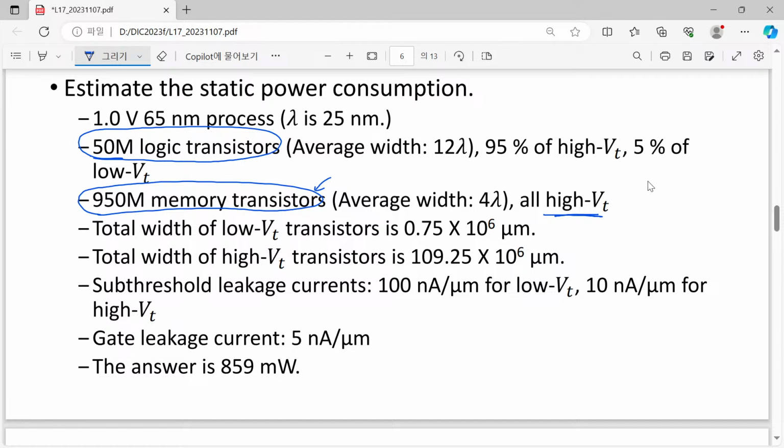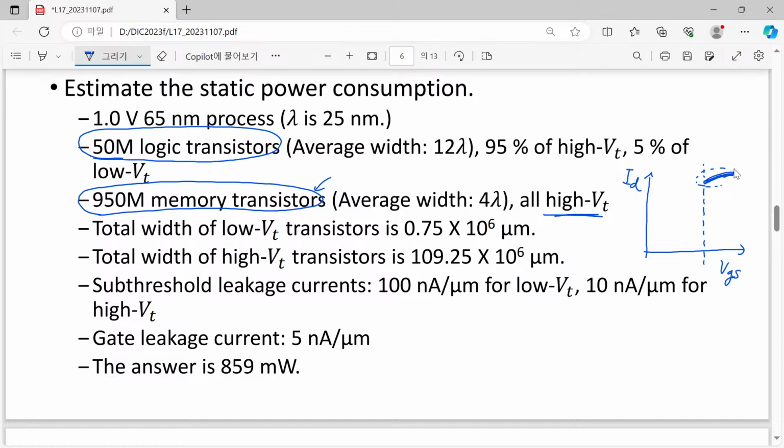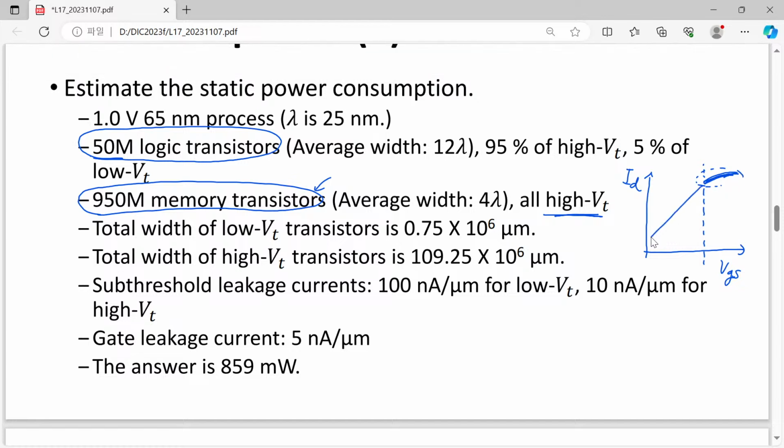So when we say a transistor has high VT, what does it mean? When you draw the ID versus VGS curve, our VT just determines the knee point between this more or less saturated current, or high level of current, and rapidly decreasing current.